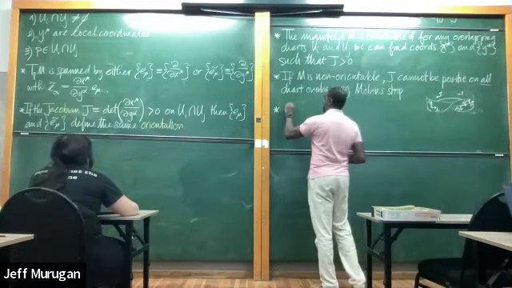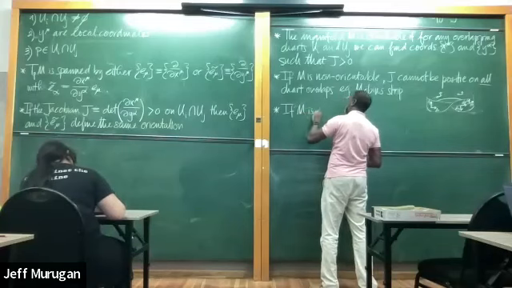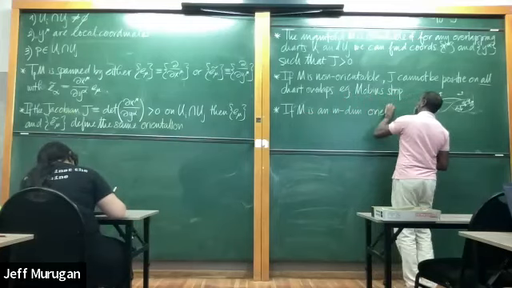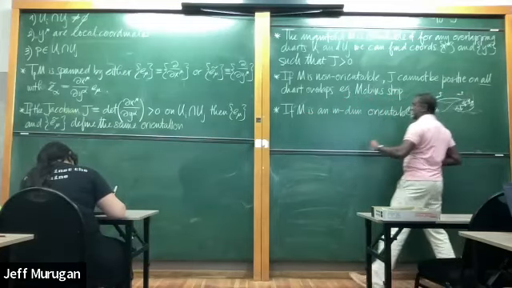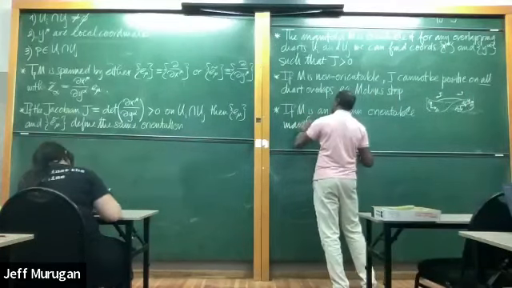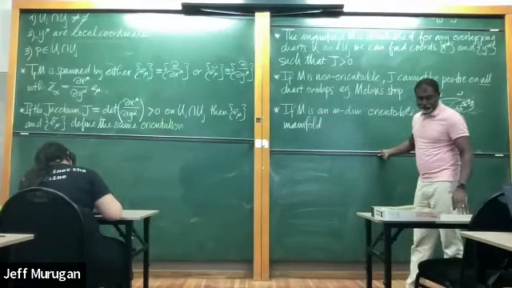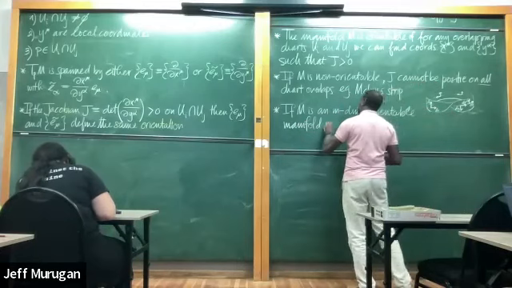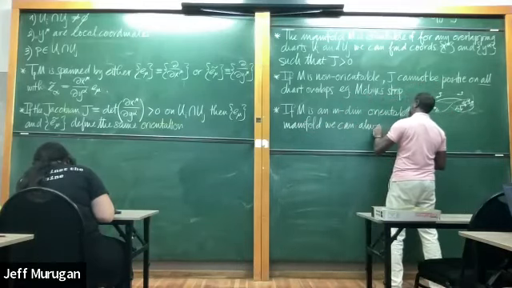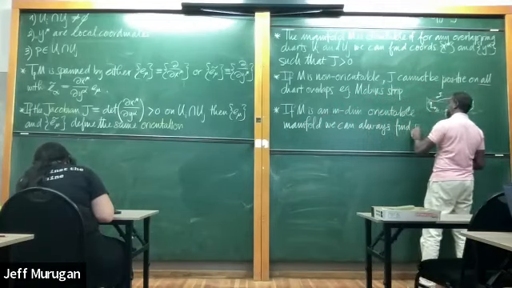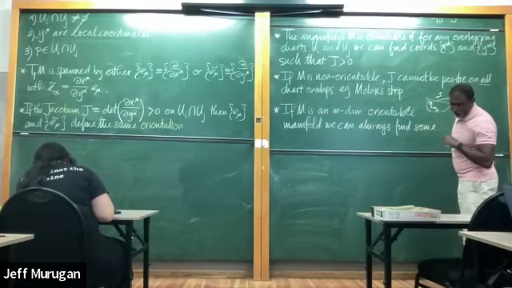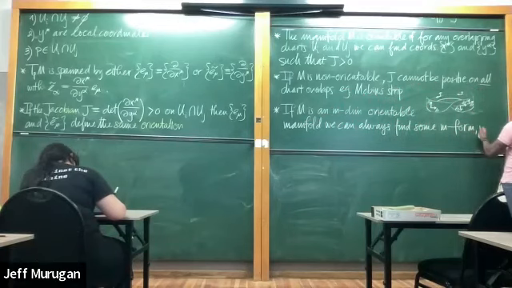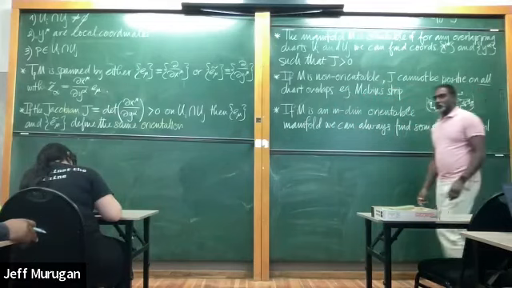Okay. So if M is an m-dimensional orientable manifold, we can always find some m-form, I'm going to call it, breaking with tradition, vol.